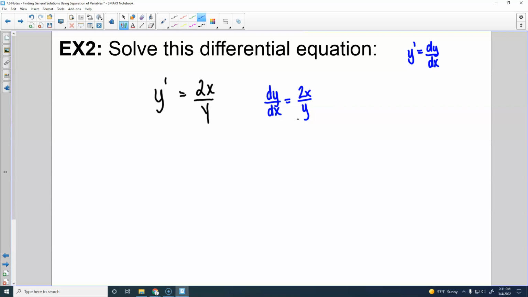All right, so we need to get all of the x's on one side and the y's on the other. So in this case, we can do that really easily by just cross multiplying, because on our diagonals we have all of our y's, the other diagonal we have our x's. So we can do y times dy equals 2x dx.